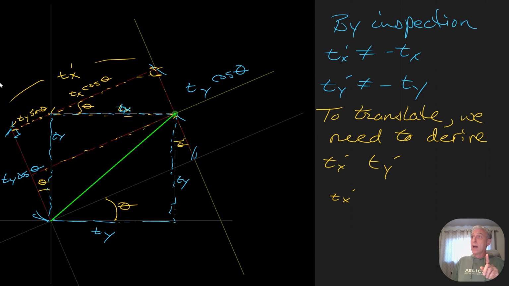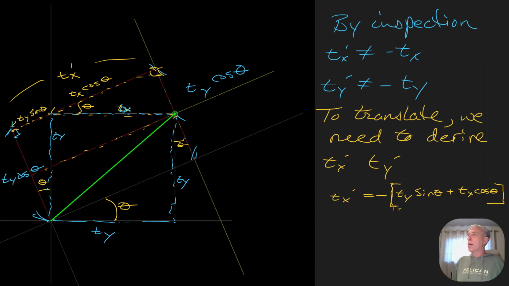So if I add these, Tx prime equals the opposite of Ty sine theta plus Tx cos theta. And it's the opposite because Tx prime is going in the negative, quote-unquote, negative direction in my new frame. So Tx prime equals the negative of that quantity.